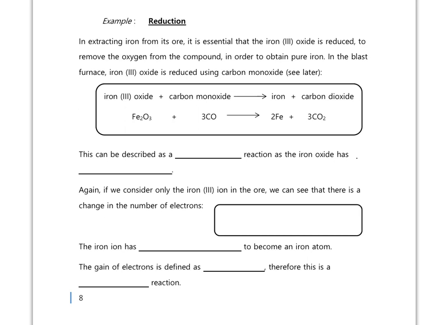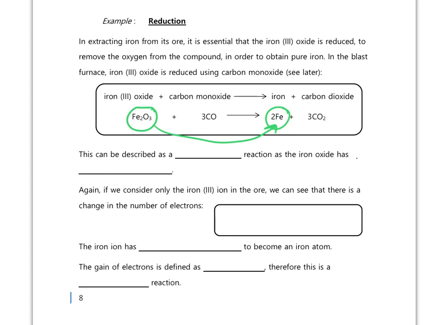So in extracting iron from its ore, iron oxide is reduced to remove oxygen from the compound in order to obtain pure iron. If we want iron from iron oxide, we've got to remove the oxygen. You can see your equation has been written for you here, and we are going from iron oxide, Fe2O3, to iron.